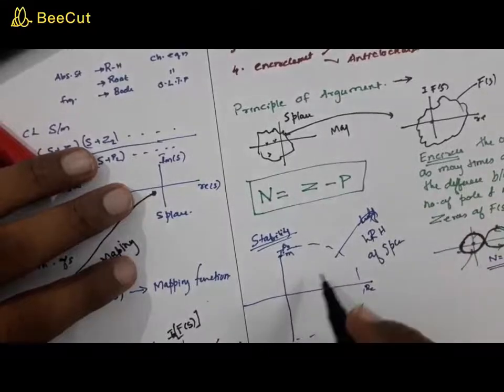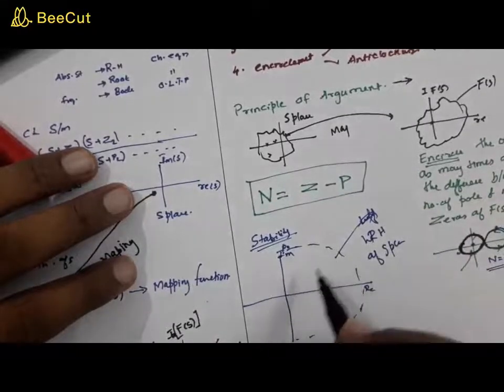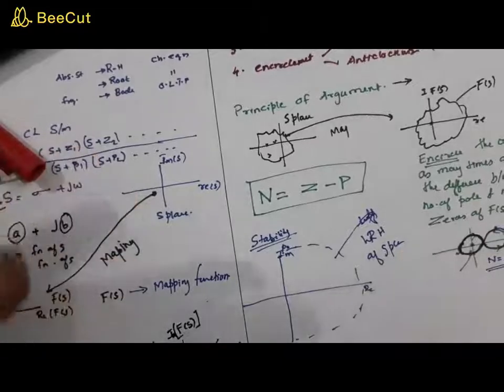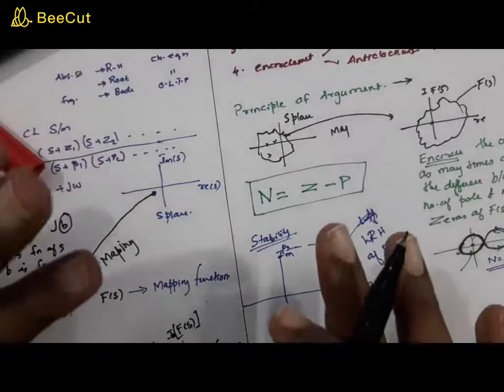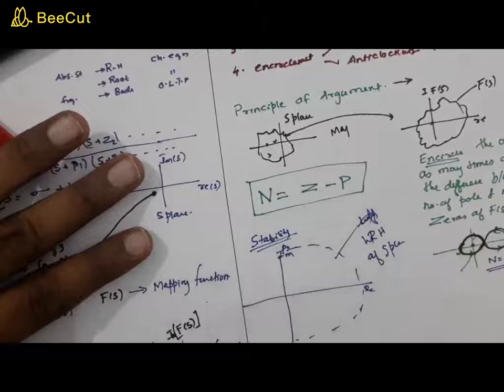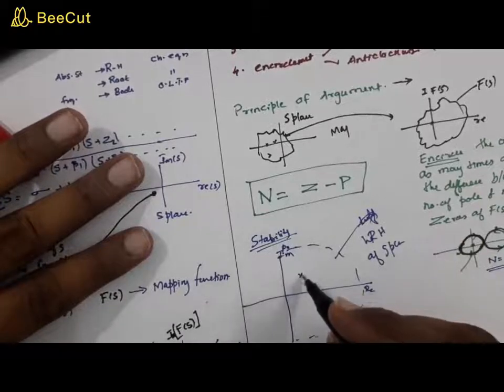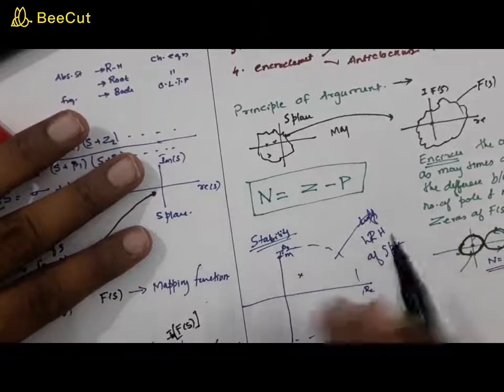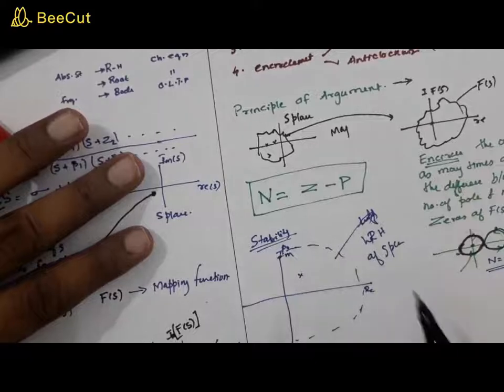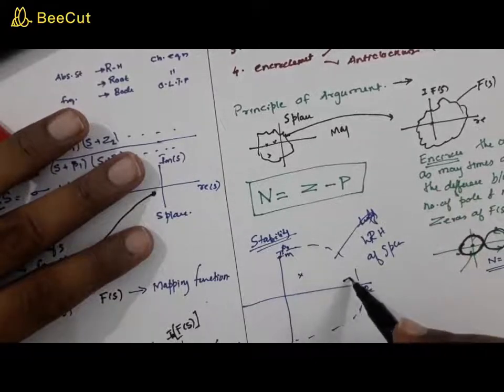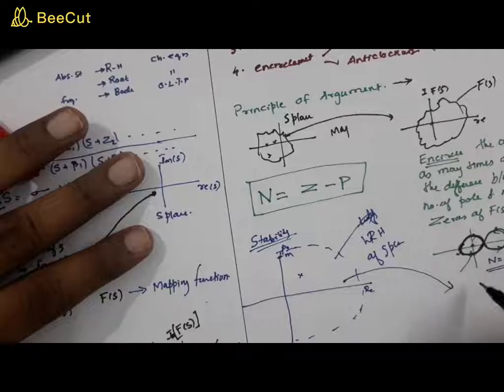Why is this a point of concern? Because I just want to know about the stability, and I also know that stability is affected only by the poles that reside on the right half of the S-plane. Now what if I plot the whole of this right half through the given function f of s?